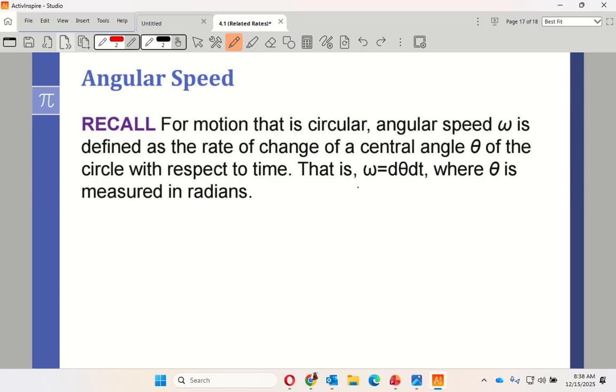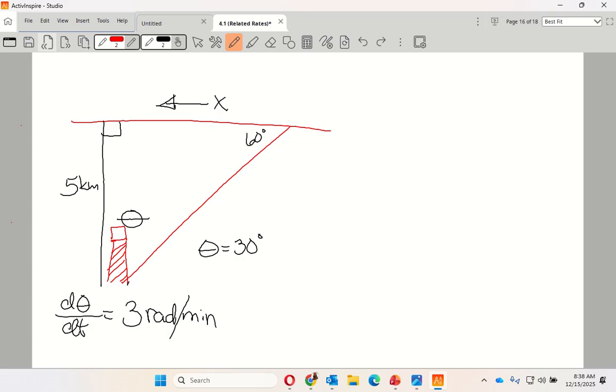Now, do you guys recall motion of the circular angular speed? Angular speed w is defined as the rate of change of the central angle theta of the circle with respect to time, where w is d theta dt, and theta is measured in radians. All right. So I'm looking for the rate that the x is changing here, right?